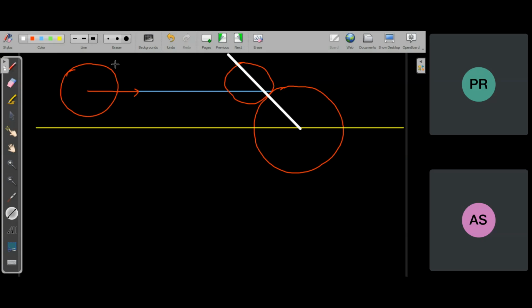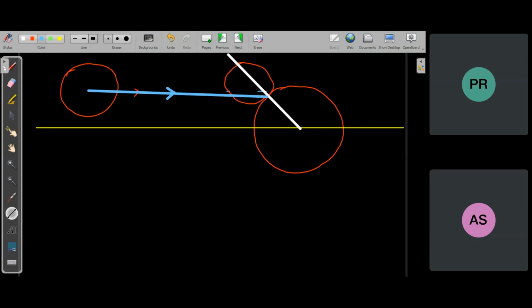Let's say this one is going and striking here.